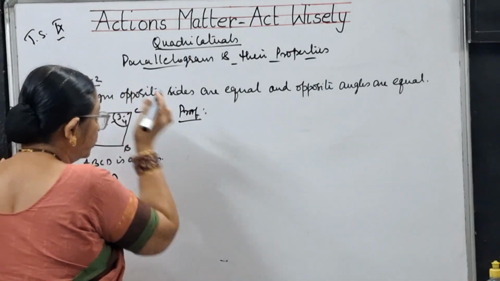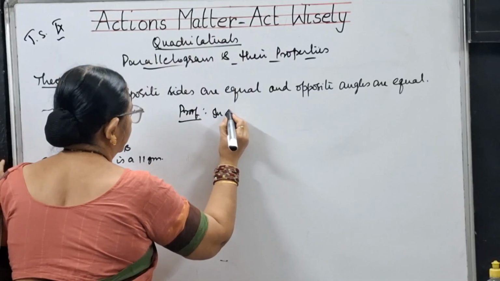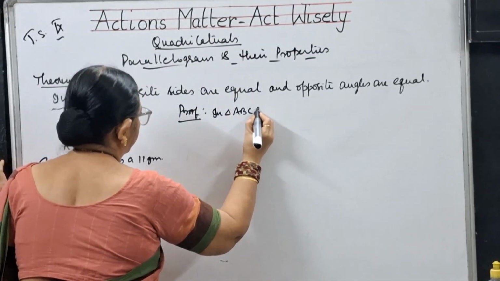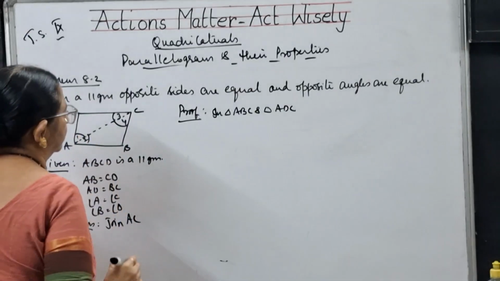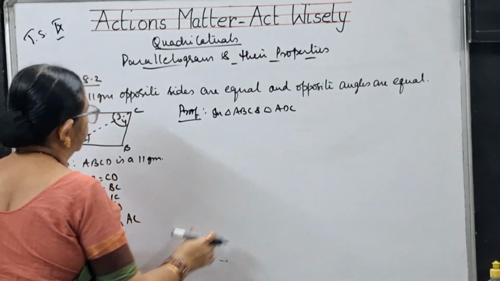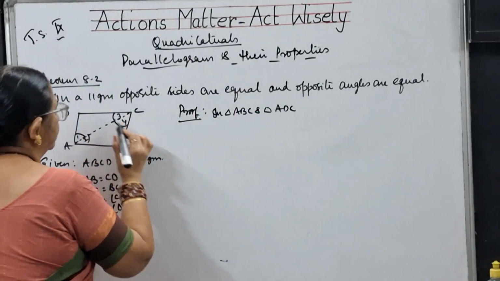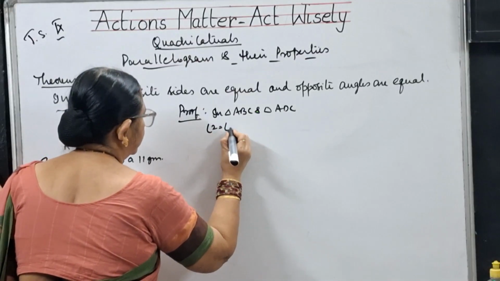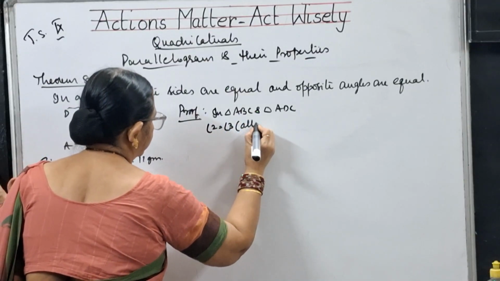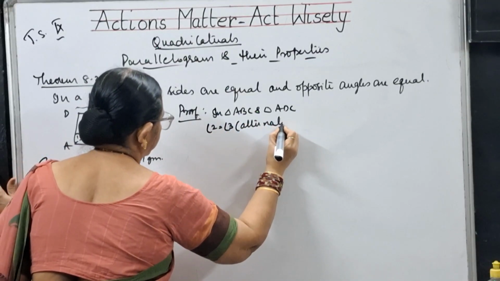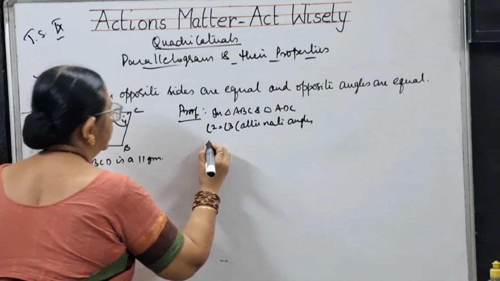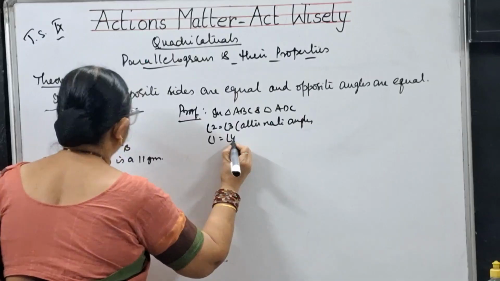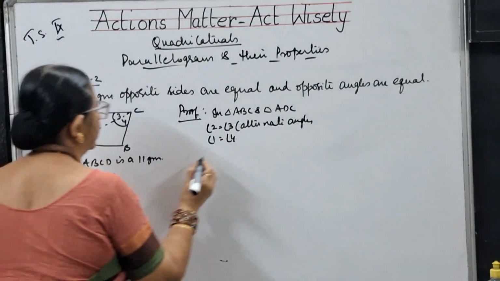Now, in triangle ABC and triangle ADC, in these two triangles, this proof is same as that of the previous one. Angle 2 is equal to angle 3, they are alternate angles, and angle 1 is equal to angle 4.